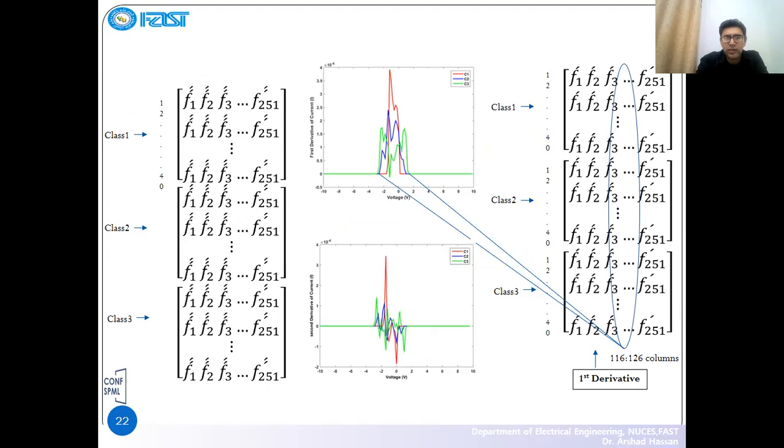So it looks like this one. You can see that the impedance is overlapping, and it's very hard to distinguish between the bacteria. So that's why we utilized machine learning algorithms to classify the bacteria.